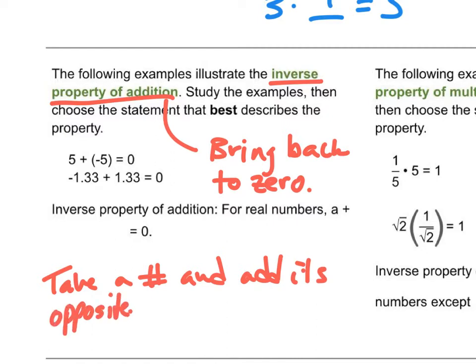For real numbers, a plus negative a will give you 0. 5 plus negative 5 gives you 0. Negative 1.33 plus 1.33 gives you 0. A number and its opposite.